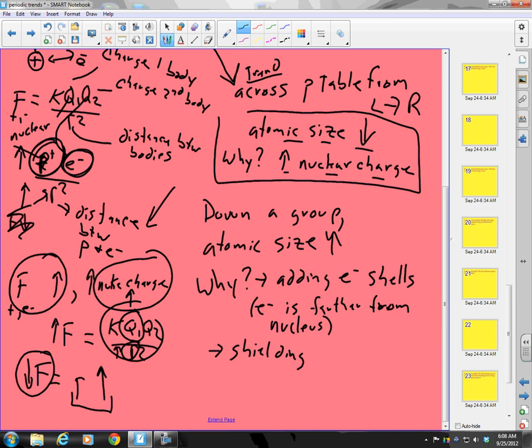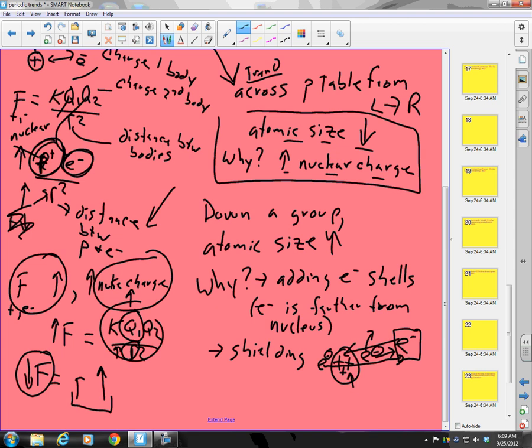What they mean by that is, let's say I have a nucleus here, and then I'd have a couple electrons in here, and here's the outer edge of my electron cloud. Well, this electron is going to be attracted by the nucleus, but it's going to be repelled by these two electrons because they're both negatively charged. So the net effect that this guy feels is some negative from the electrons, some positive from the nuclear charge.